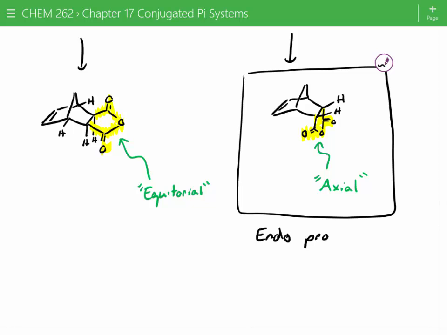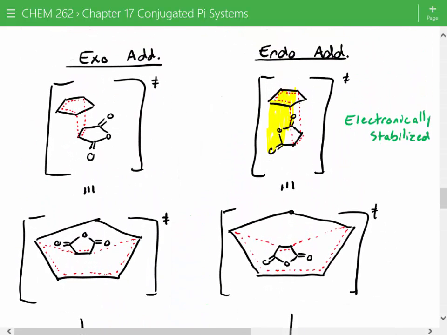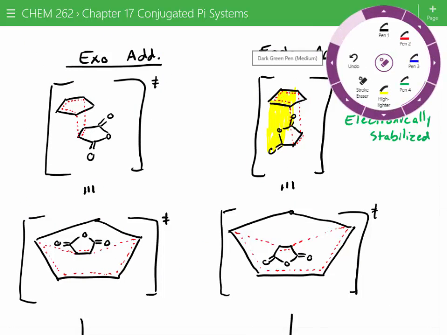So the endo product is usually favored. Just like we were saying, endo products are typically favored because it's electronically stabilized here. This one has no electronic stabilization.